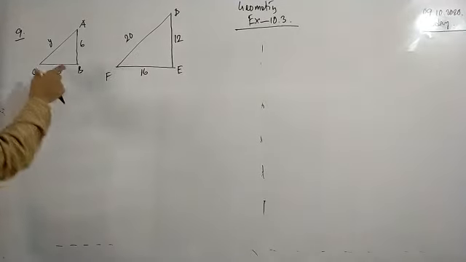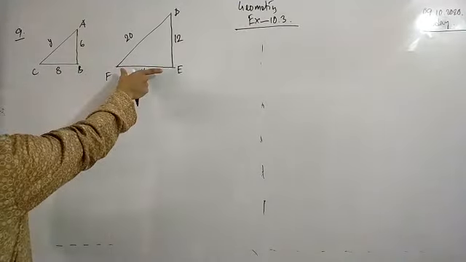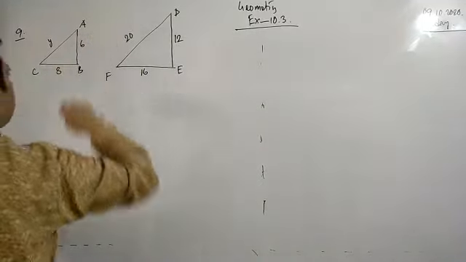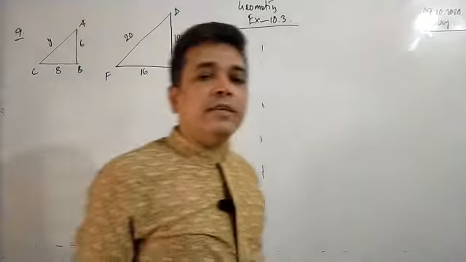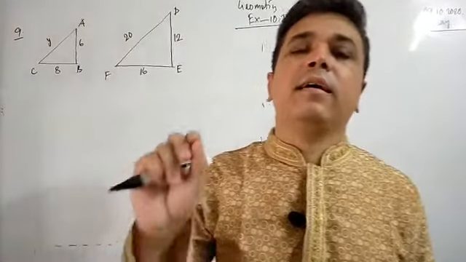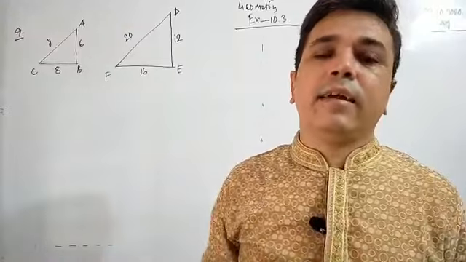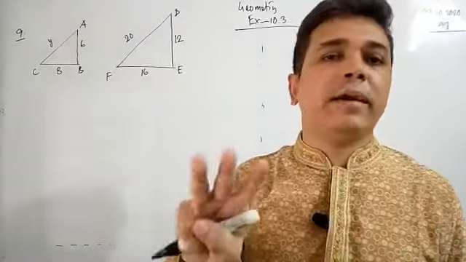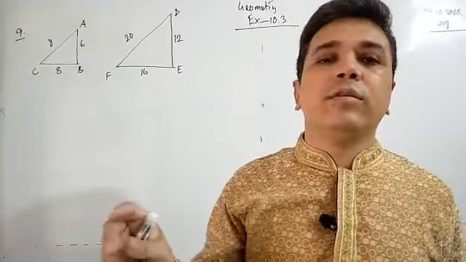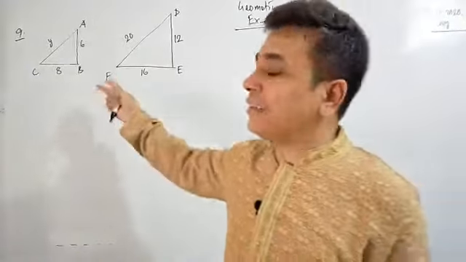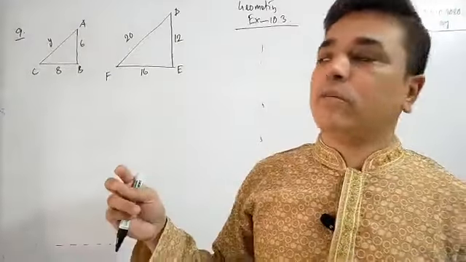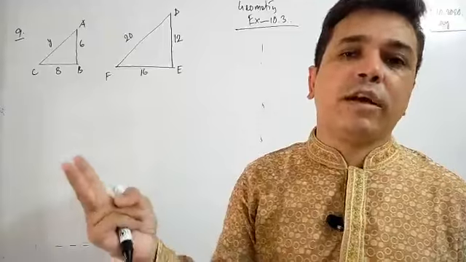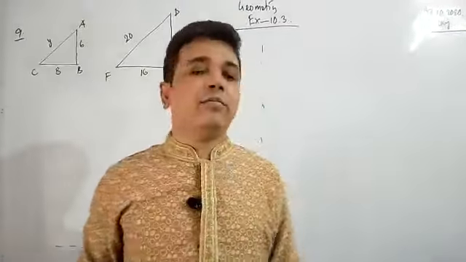This side corresponds with this side, and so on. Every triangle has three sides, so two triangles have three pairs of sides. We are testing the ratio of which two sides. Let's see what we are doing.